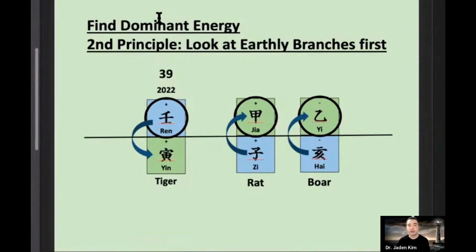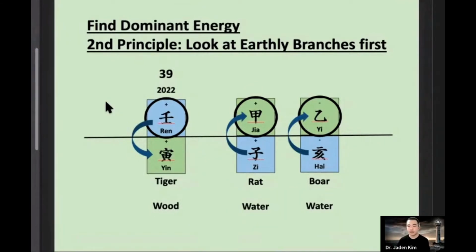We will see some more advanced cases. Yeah, Jonathan is right. So the first pillar's dominant energy could be wood, and the second and third, I will say water. So that's the starting point.